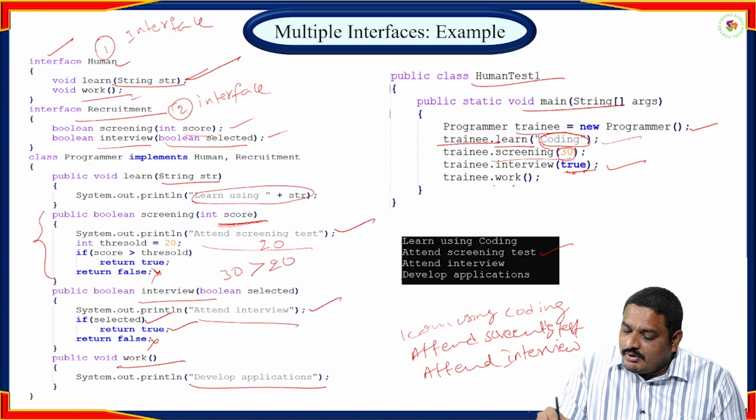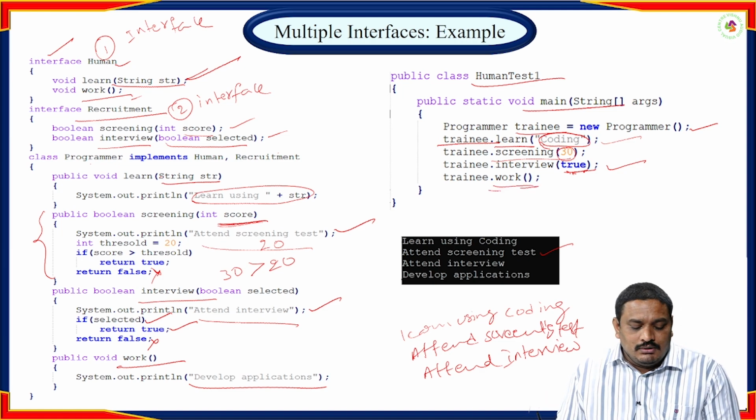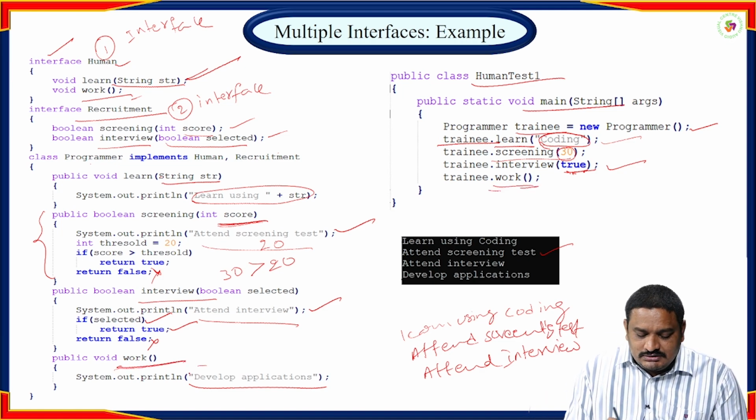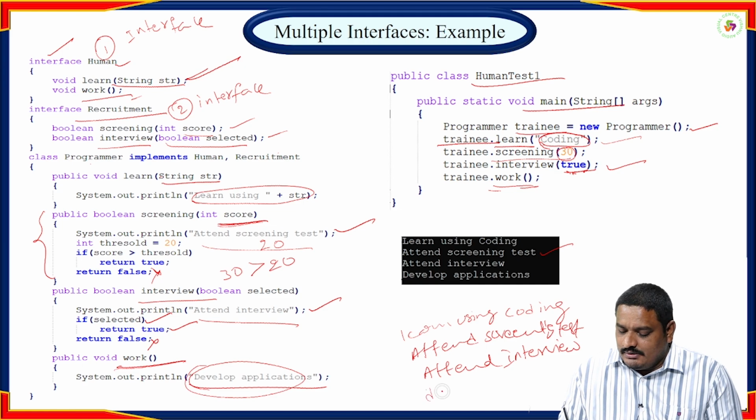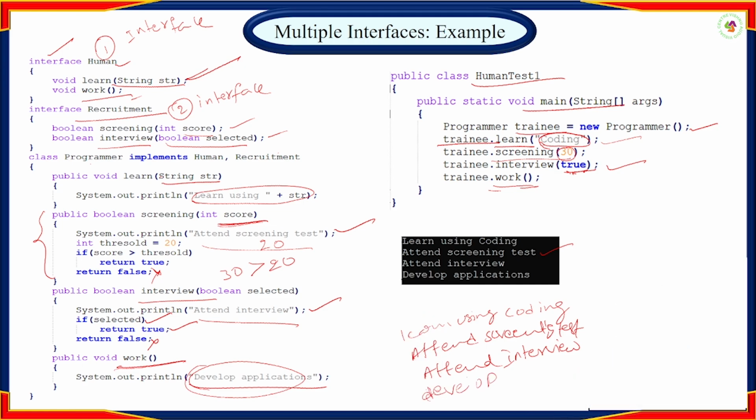Now, one more method is there, the work method. Whenever we call the work method, the statement develop application will be displayed. So, this is the multiple interfaces. Finally you get this output.